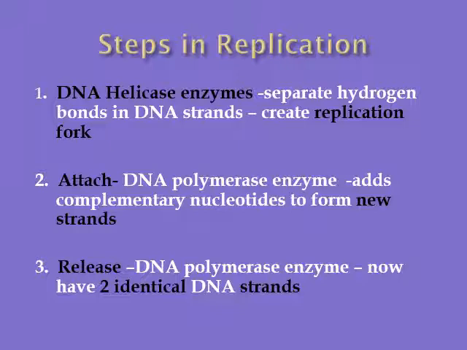Our third and final step is called release, and we're going to have that DNA polymerase enzyme release itself. It's going to leave that DNA molecule once it has made copies. And now we're going to have two identical DNA strands as long as no errors occurred.